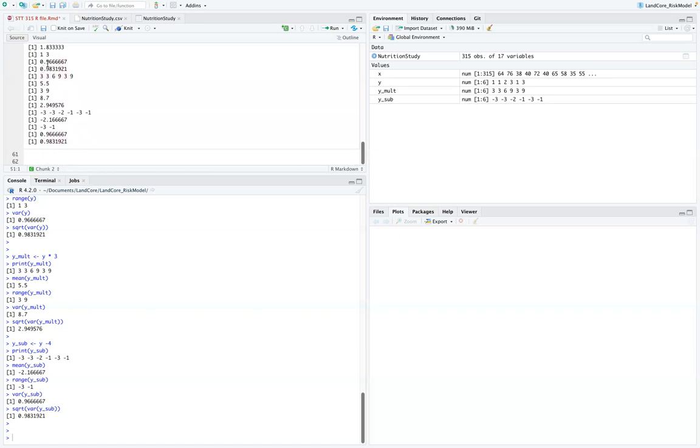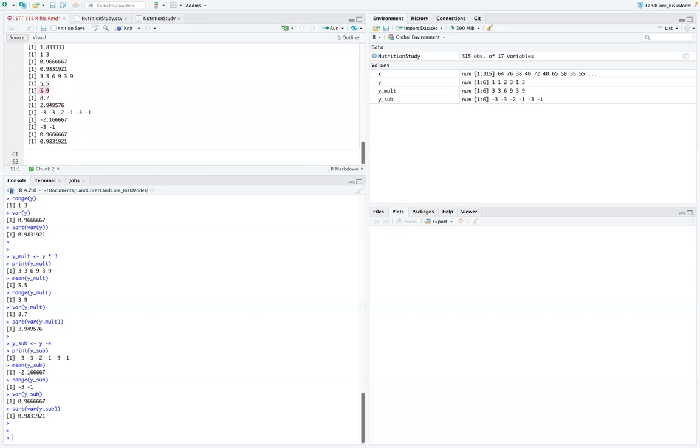And notice that the range, which is 2, is the same for parts A and C. Our variance and standard deviation are much larger for part B, which is right here. But our range is 6.